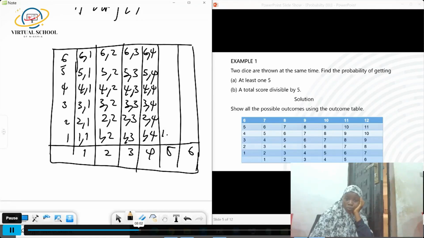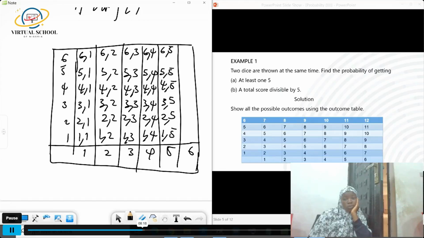Then the next one, we are having 1, 5, 2, 5, then 3, 5, 4, 5, 5, 5, then 6, 5. The next one, we are having 1, 6, then 2, 6, 3, 6, 4, 6, 5, 6, and then 6 and 6.